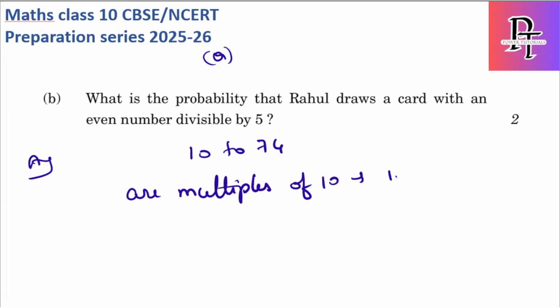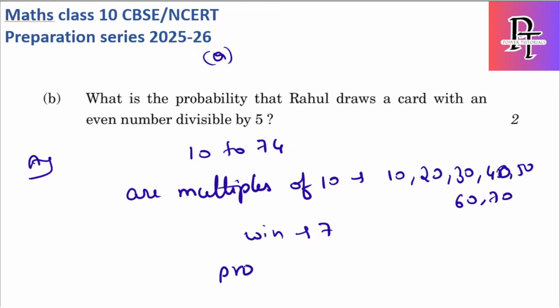So they are simply 10, 20, 30, 40, 50, 60 and 70. So total winning cases are 7. So the probability is simply 7 by 65.